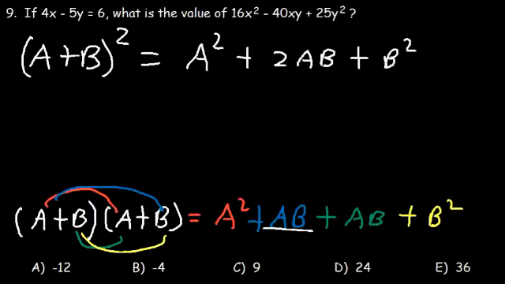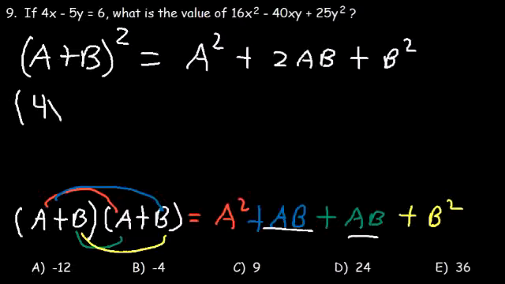So we can add the two terms in the middle, and that will give us ab plus ab is 2ab. So therefore you need to realize that a is 4x in this problem and b is 5y.